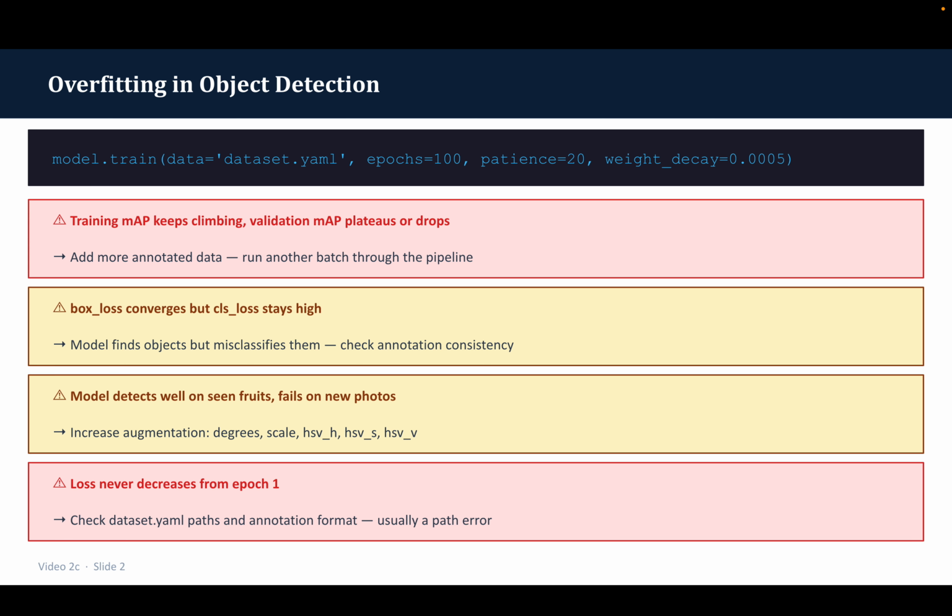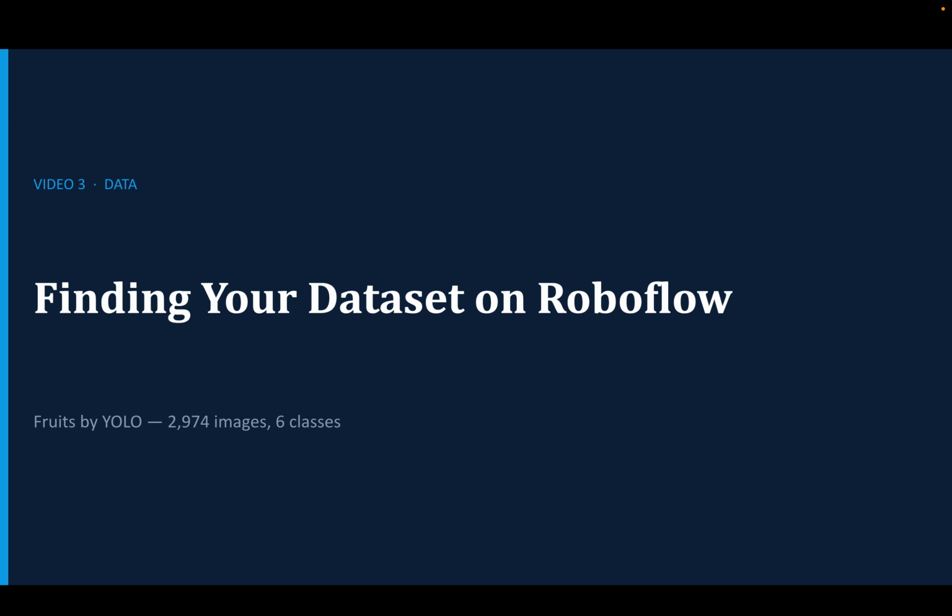And what is data augmentation? It means creating several variants of your data along with annotations, so that your model can see several variants of objects to learn from. And if your loss never decreases from epoch 1, you need to check your dataset paths and annotation formats. It is usually a path error.